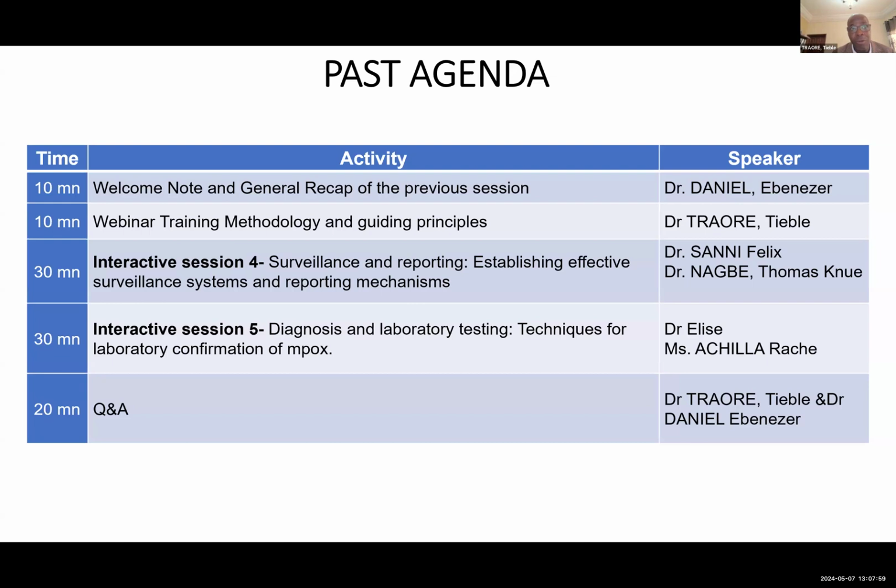Now, the last session was about surveillance and reporting and how to establish an effective surveillance system and reporting mechanism. It was covered by Dr. Felix Sani and Dr. Thomas New Nagbe, and they outlined the principles and best practices in surveillance.